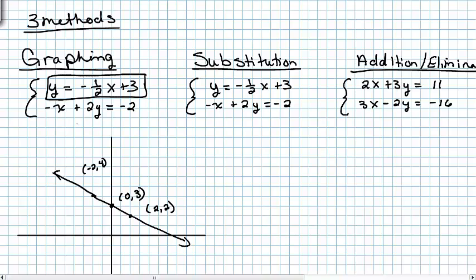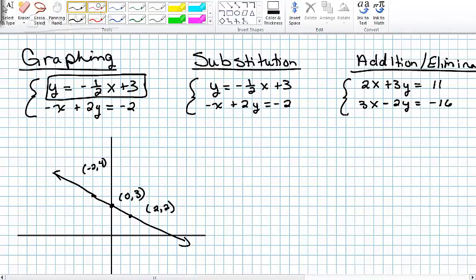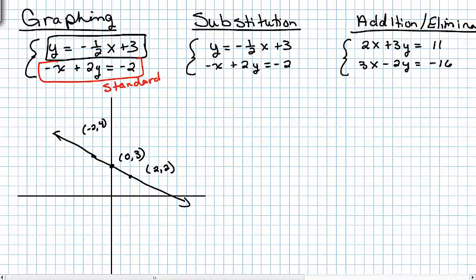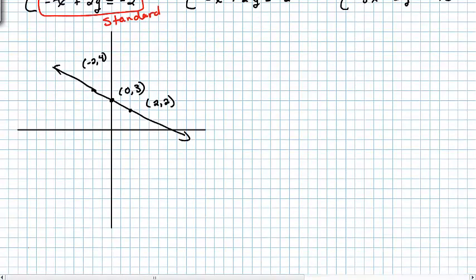Okay, now the next one here is not in the y = format. This is in standard form. And so for this one, I'm going to find my two intercepts. And so the way that you find your two intercepts when you have a standard form line, -x plus 2y equals -2, I believe it was.